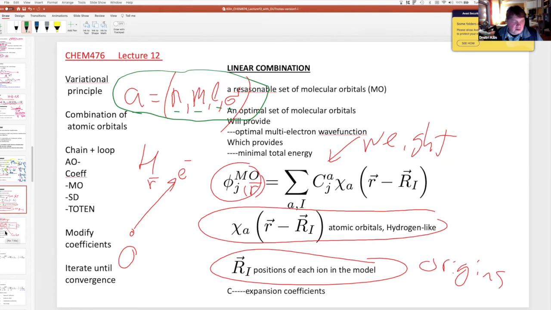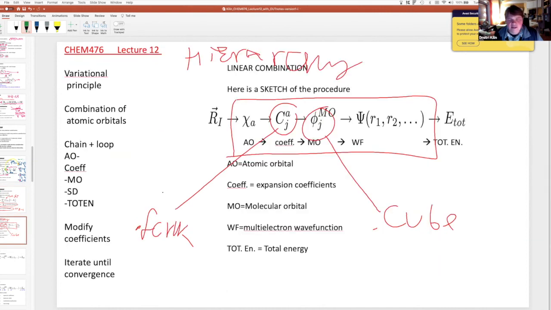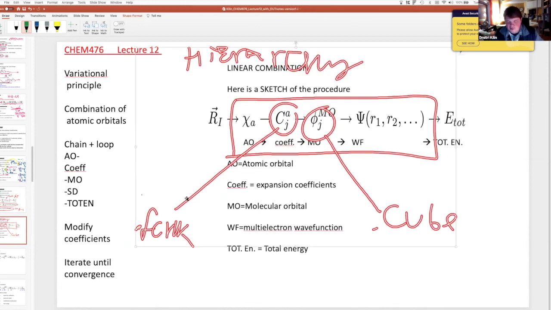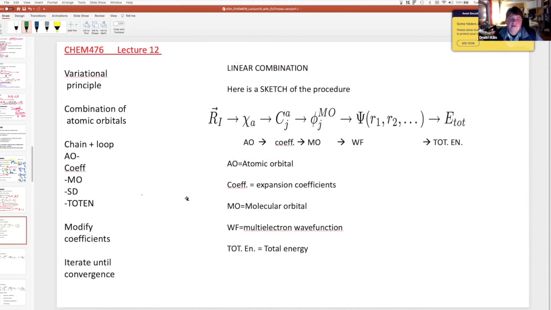Another slide which some of you may consider as the main slide for this lecture, or maybe for the whole chapter. So let me invite you to follow this set of symbols.